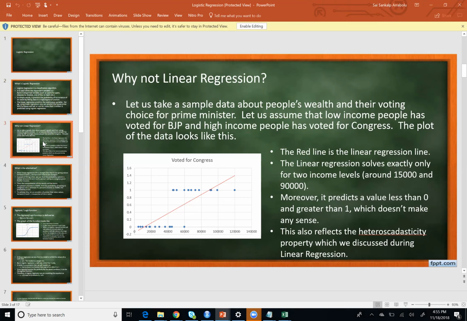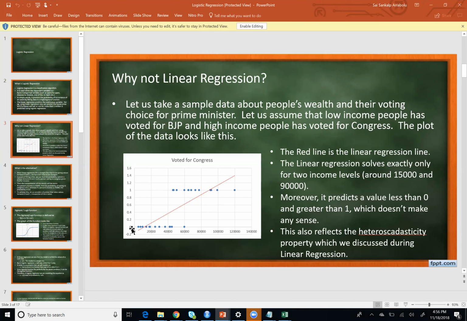Before applying logistic regression, do we have to refine the data to some extent? To an extent, yes. But let's look at this example. This is an example of people's wealth and their voting choice for prime minister.